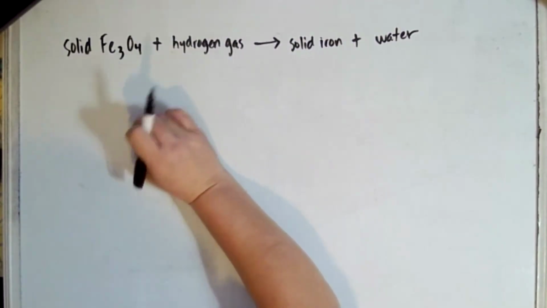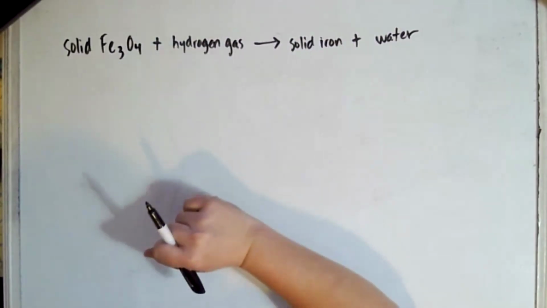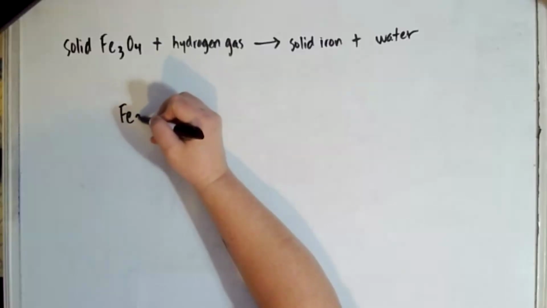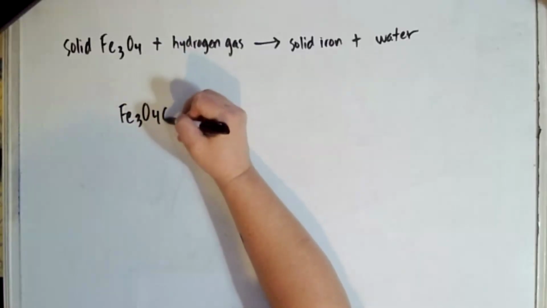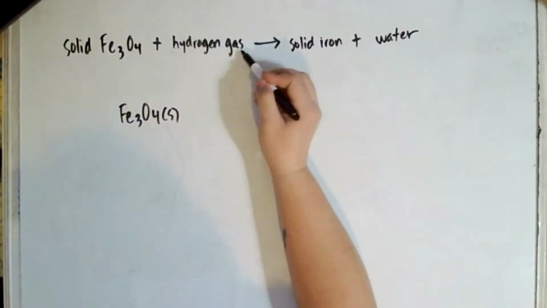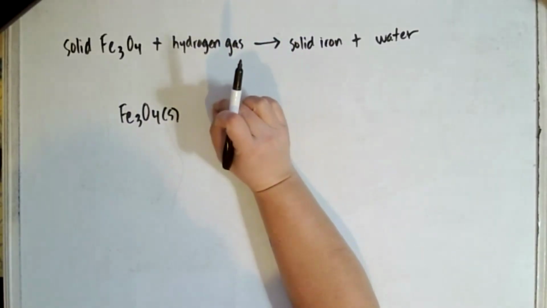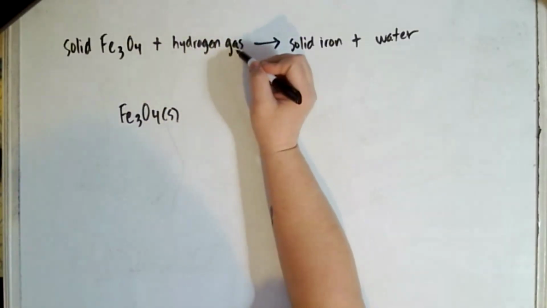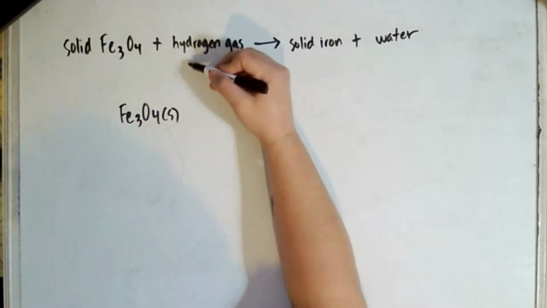They gave us the Fe3O4, which was nice. We didn't have to write out the formula from a name. So we're going to write out Fe3O4 and we'll put the S next to it. Hydrogen gas. Remember that hydrogen gas is one of our diatomic elements. So it's not going to be hydrogen on its own.